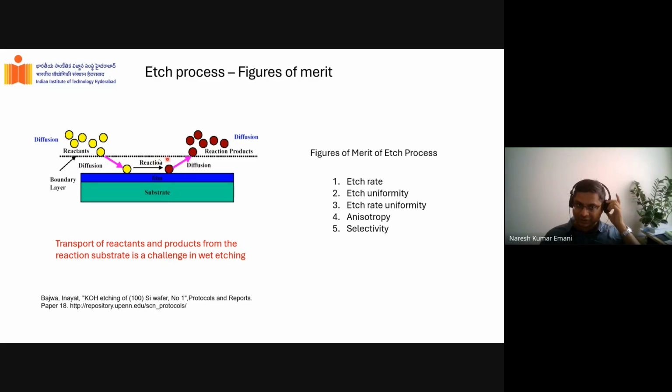So basically you have this layer very close to the surface, a boundary layer, wherein how do you force these reactants to come in and the byproducts to go? If you simply put it in a crucible, it doesn't happen, no? At the interface, initially there'll be a very fast etch rate, but unless these byproducts go out and get mixed up in the solution, the new reactants cannot come in. Think of it like, let's say you put some kind of a colored, mass transport.